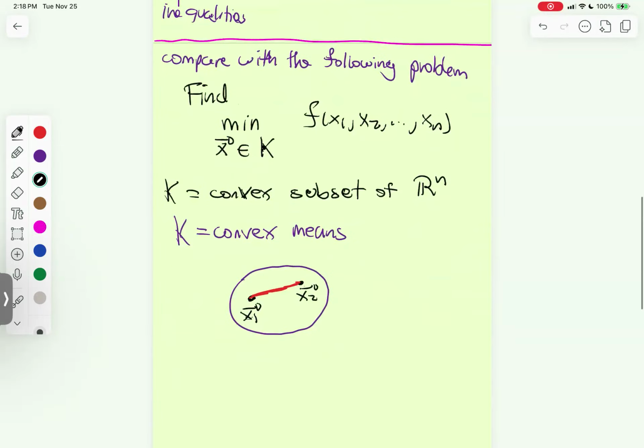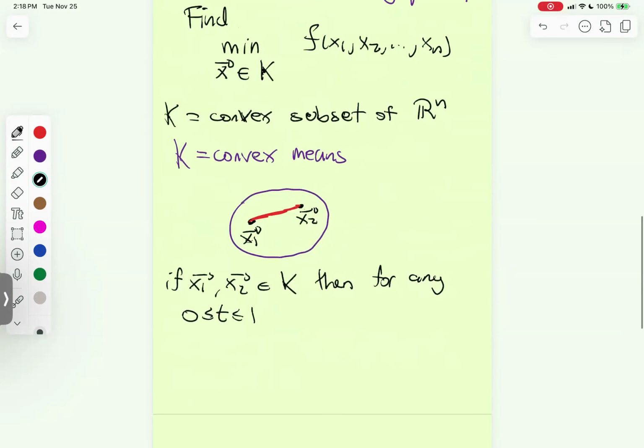So if x1, x2 belong to the set, then for any t between 0 and 1, t x1 plus (1 minus t) x2 is in the set. And if you go through the formula, that corresponds to a point on the line segment from x1 to x2.